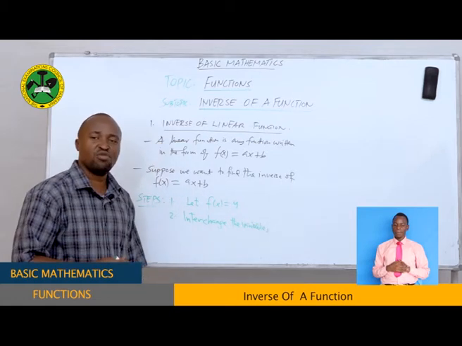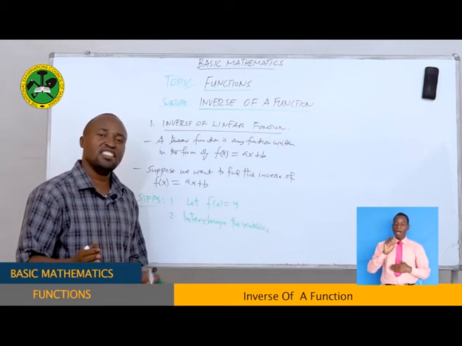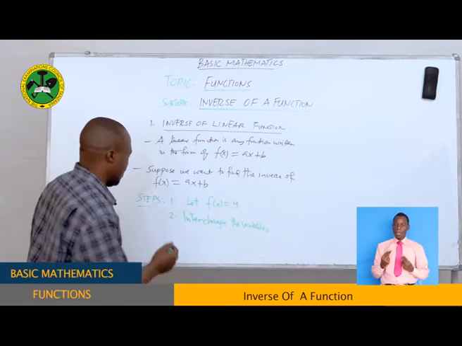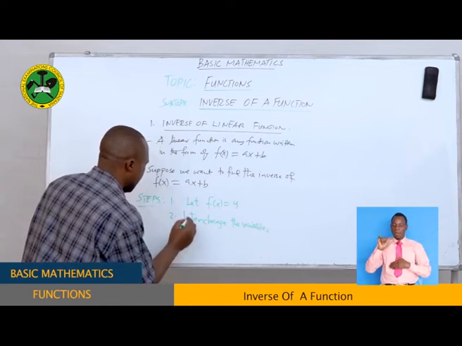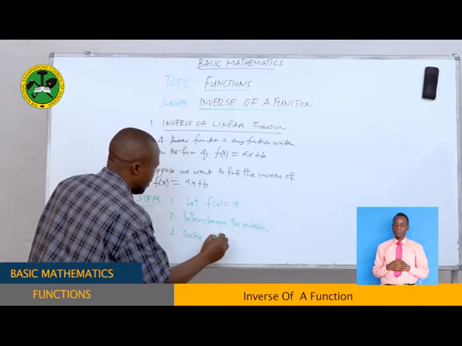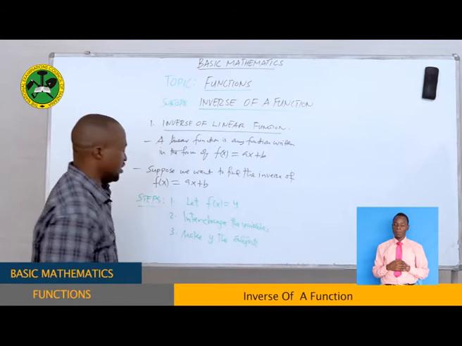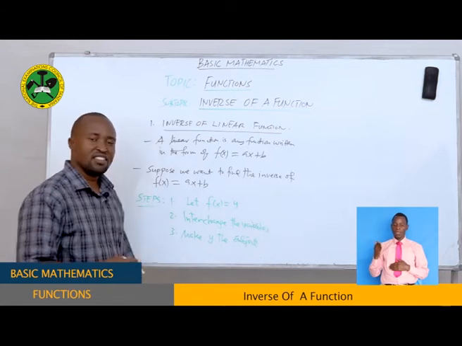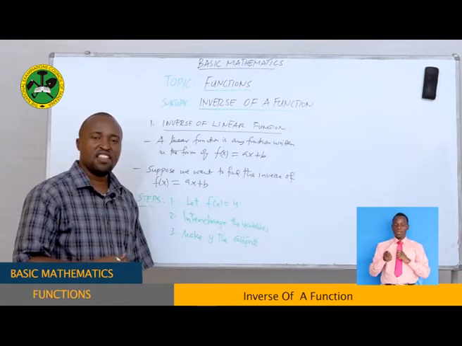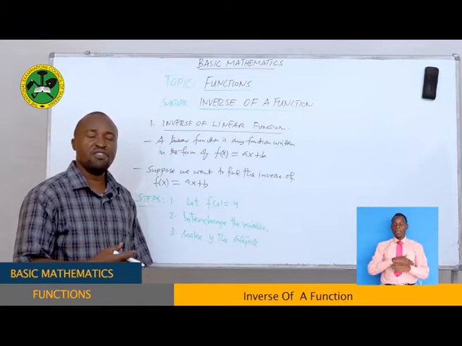In this case, we have two variables, x and y. So you interchange these variables. So then third, we say make y the subject. That is the third step. Then after making y the subject, then we have the inverse of the given function.